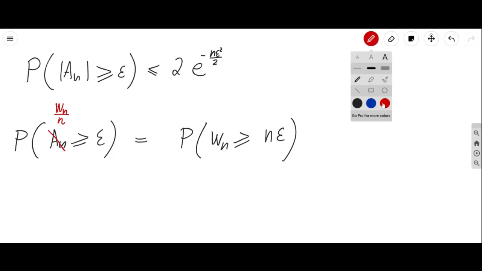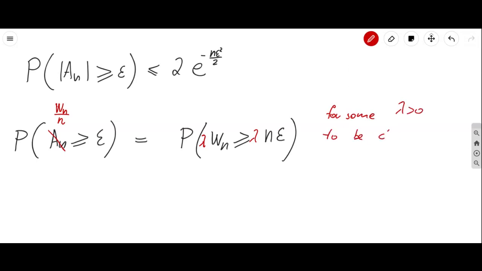Let's call that constant, for lack of a better name, lambda, for some positive lambda to be chosen later. This is the part which is a little bit ad hoc, like why would you do that? So that's the first thing that you do.